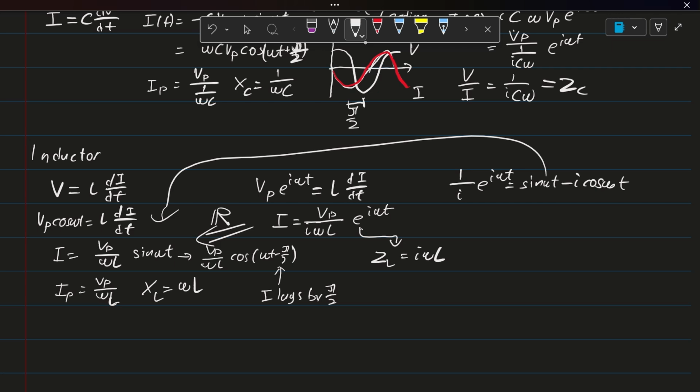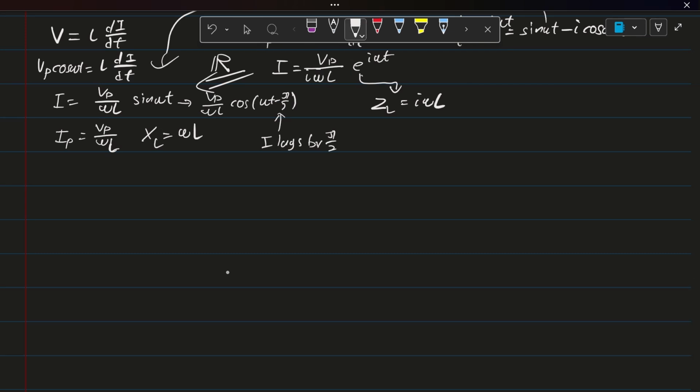But what is it? Before we get there, there is a diagram that I want to introduce to you, which is called the phasor diagram. The idea of a phasor diagram is it's pretty much like a polar coordinate, in which you have your amplitude as well as your omega t.